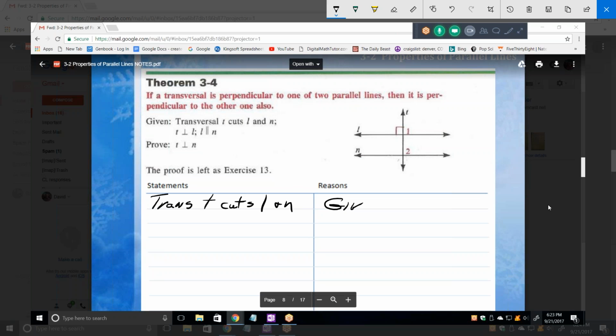And we're trying to prove that T is perpendicular to N. We're trying to prove that T is perpendicular to N. Okay.